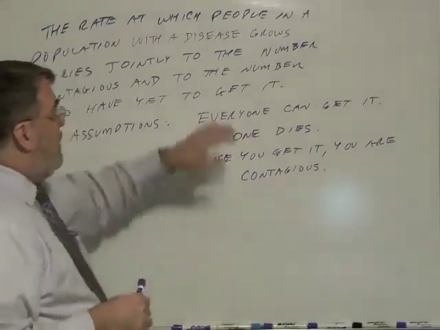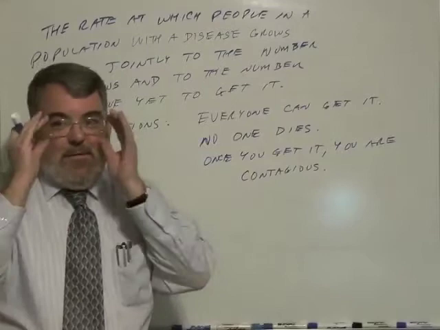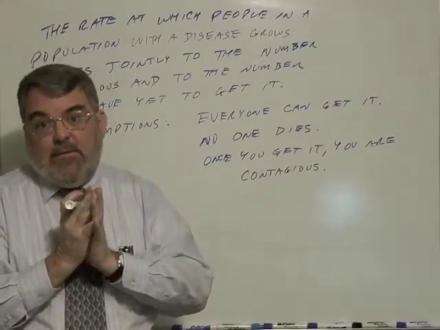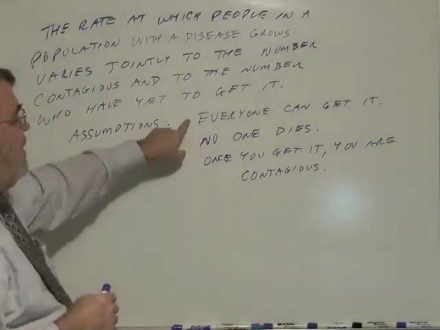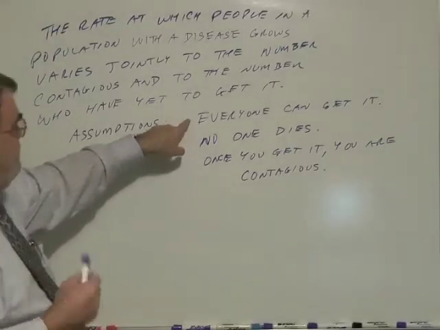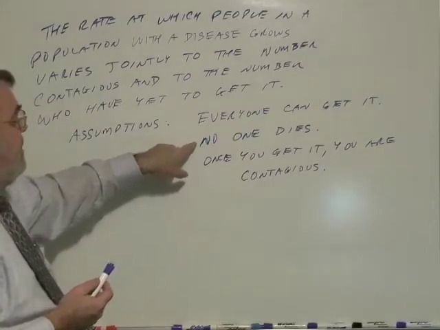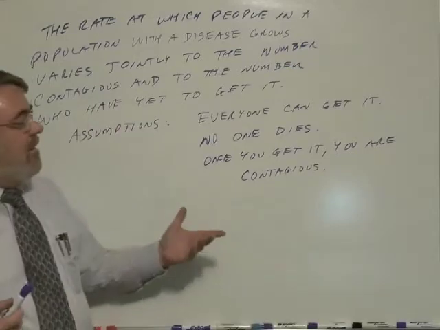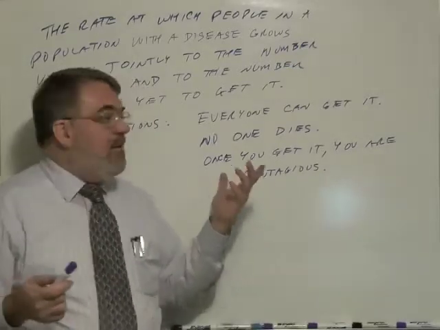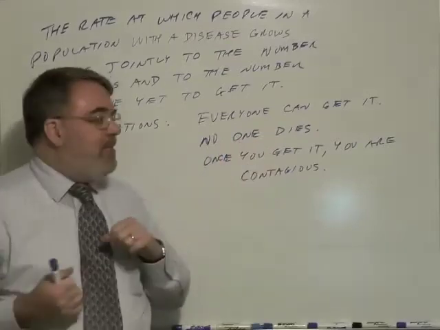I'll explain this joint variation in a moment, but to make this work the way I want to, I have to really simplify the assumptions. And so I have a couple of assumptions here. Everyone can get the disease, and no one dies from it. And once you get it, you're contagious. Now, realistically, if a disease kills you, then you can no longer pass the disease along.